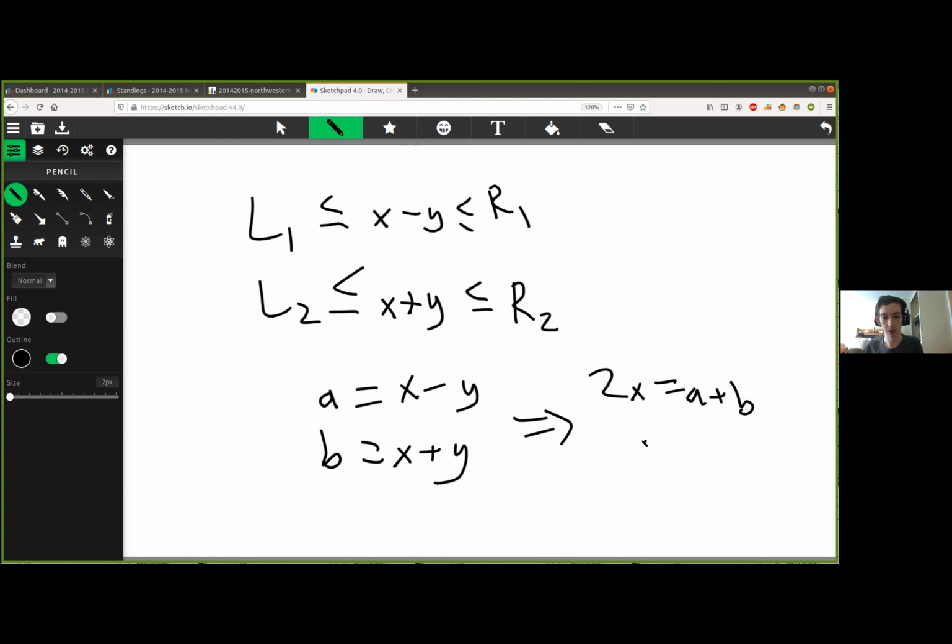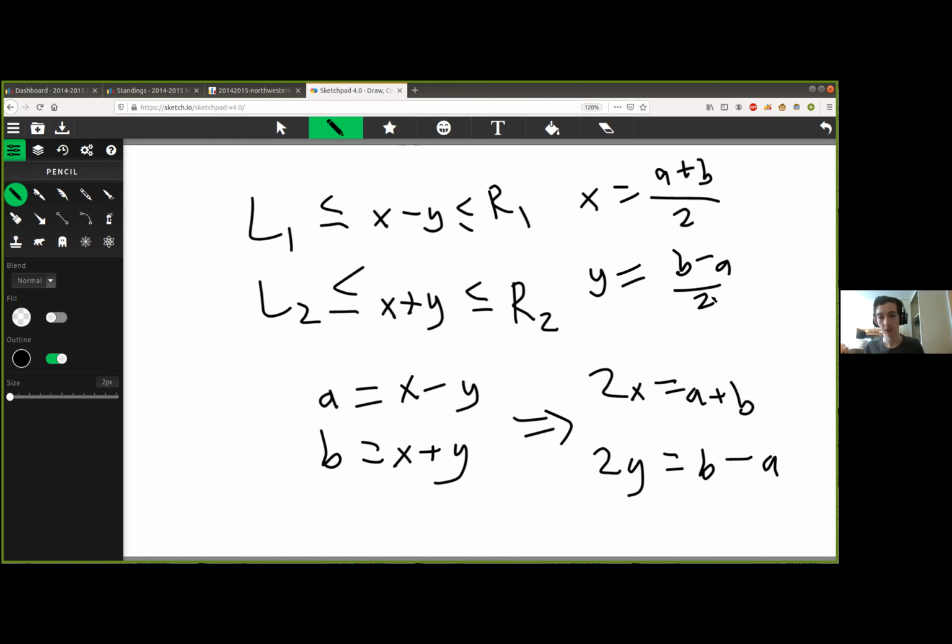And if we subtract them, we get 2y equals b minus a. So it could be a half integer, potentially. It depends on whether a and b agree on sign or something. So it's something to be careful of, and it requires us to make it an integer.